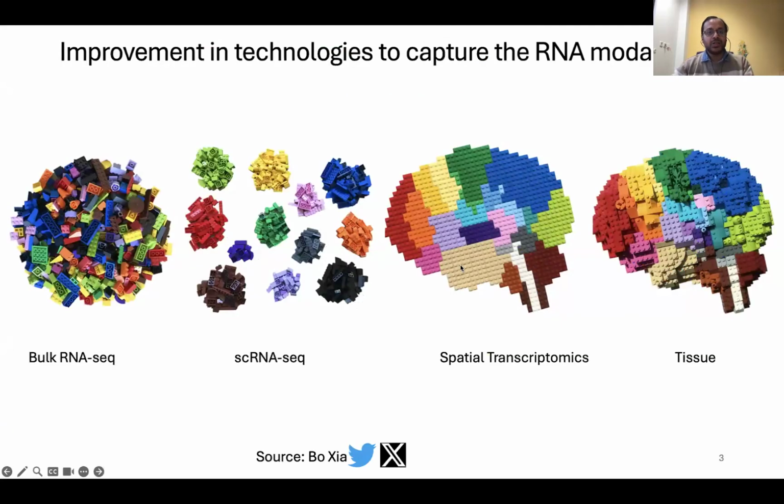As you might have been following in the RNA transcriptomics field, these technologies are growing very fast. A couple of decades ago, we had bulk RNA-seq, which measures the transcriptome of the cells in bulk, so you get the average signal from the cells in a given tissue.